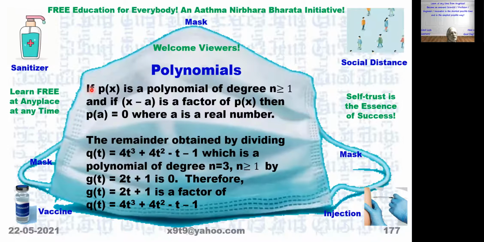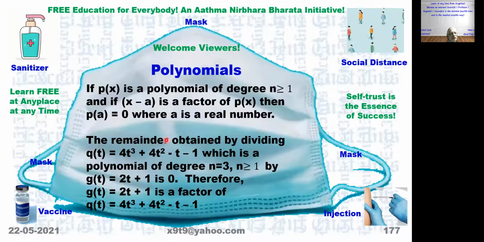If P(x) is a polynomial of degree n greater than or equal to 1, and if x minus a is a factor of P(x), then P(a) is equal to 0, where a is a real number. So this is something like the remainder theorem.